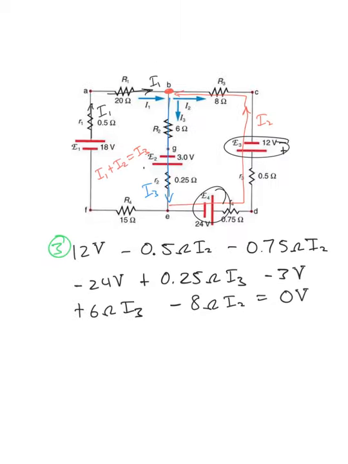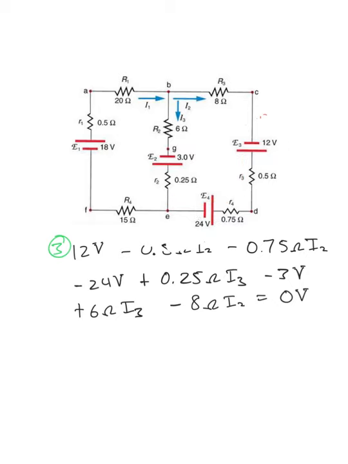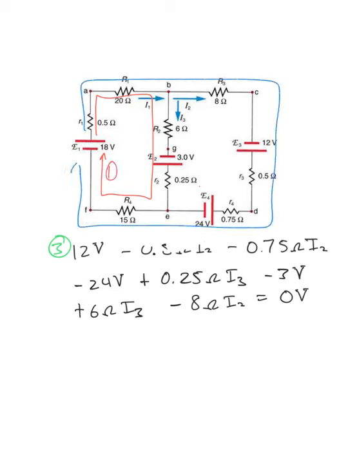As a quick summary of what we did here, we first drew loops for each of our potential ways of moving around the circuit. We had loop 1, which moved around like this. We had loop 2, which moved around the full circuit. And then we had loop 3, which moved around the right side of the circuit.